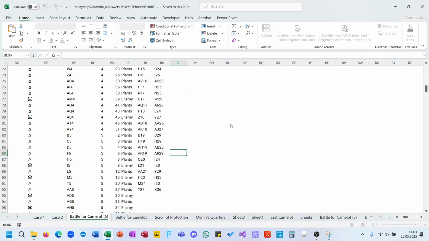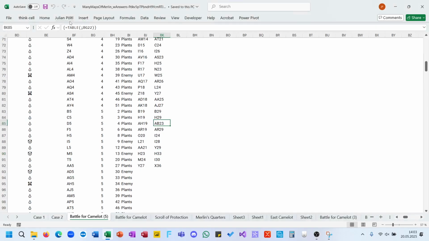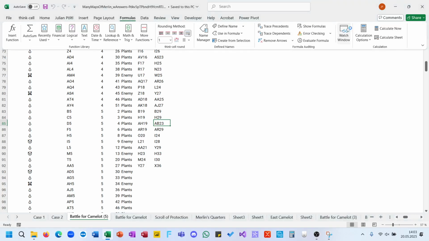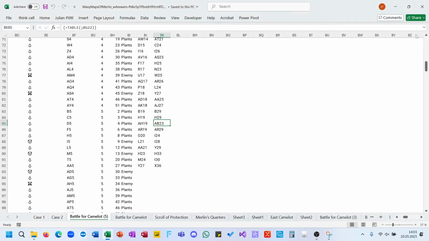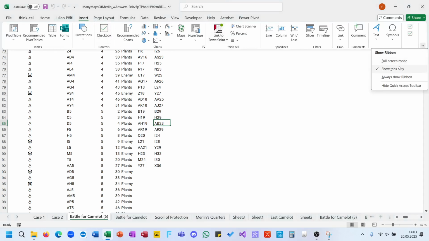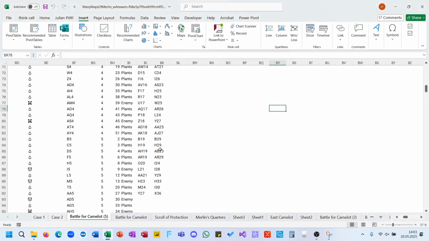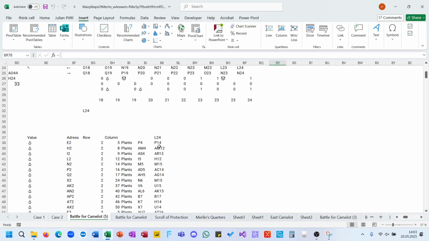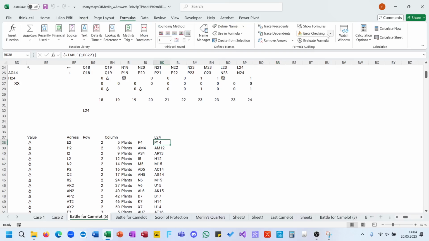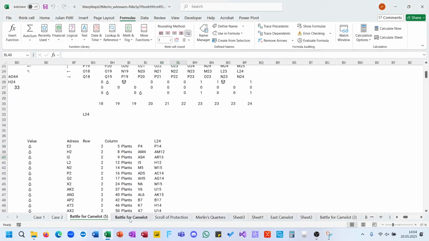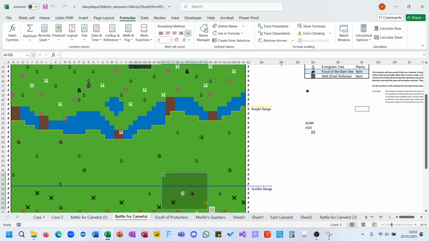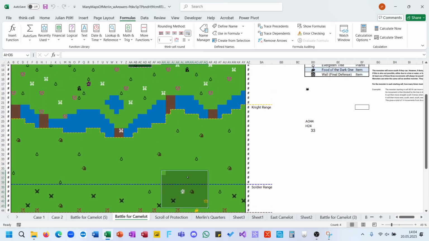No. It's buggy, but turn off, turn on calculations, and I want to have the ribbon active. Okay, and now I probably need to find out if there's something on those fields.